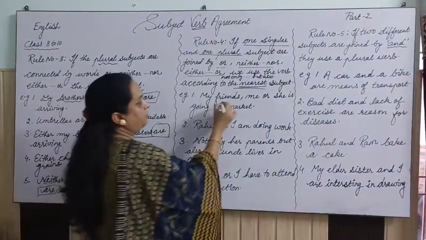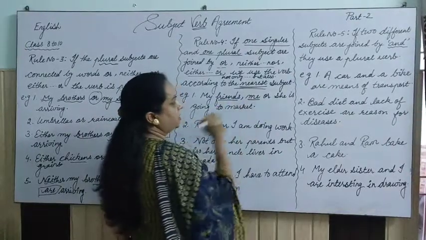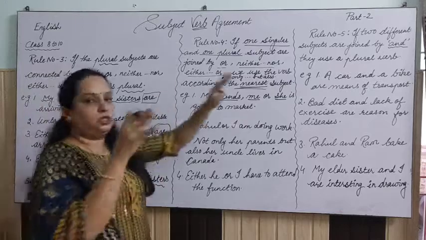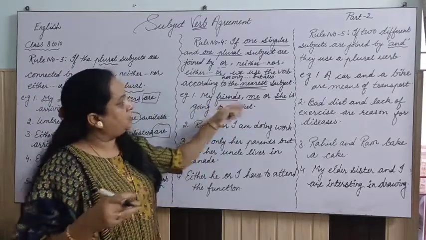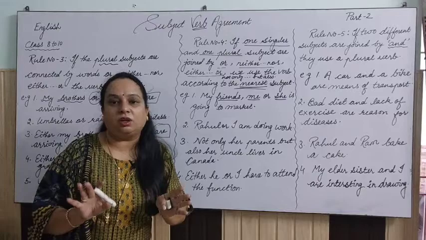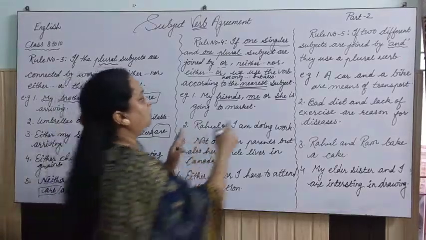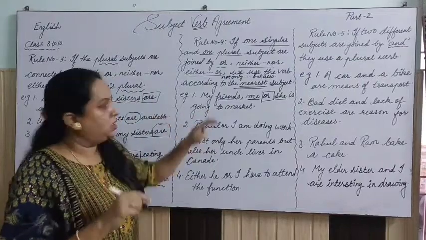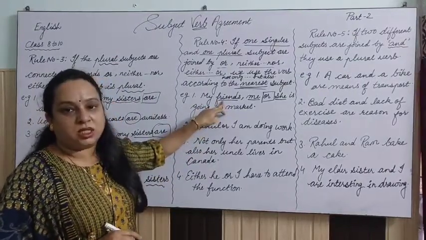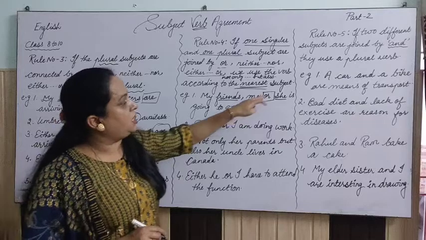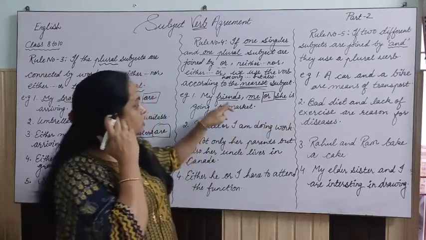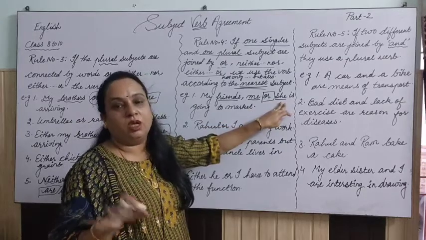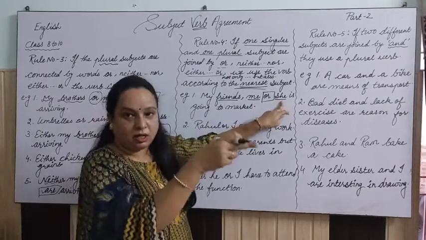Now here, my friends is plural, me singular, she singular. Clear? Actually when we see the total, it is plural: my friends, me and she. But here we will not see like this. We have to see the word or is given here, then one subject is plural, friends, then it is me and then she, which is singular. So she is the nearest one, right.